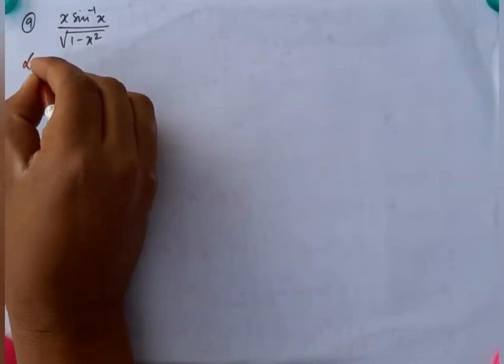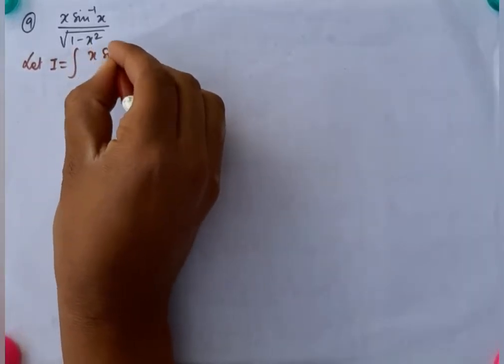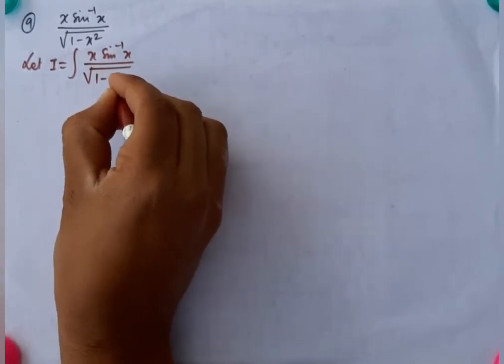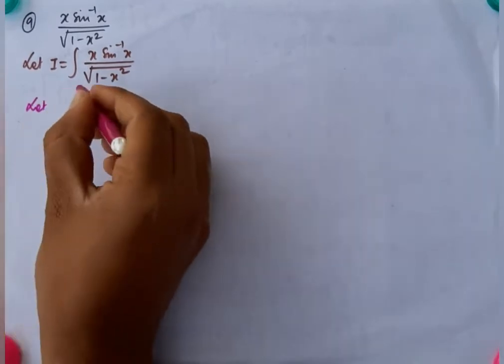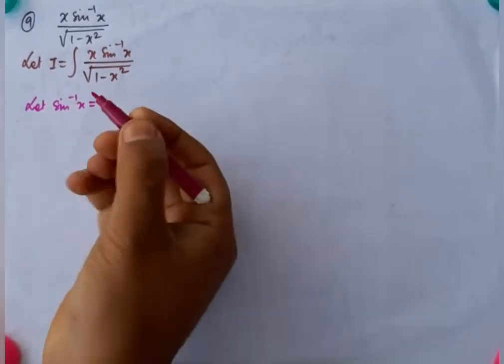Let I is equal to integral x sine inverse x by square root of 1 minus x square. By seeing this only, I can say that this can be solved by substitution. How? Let's see. Let sine inverse x is equal to t.